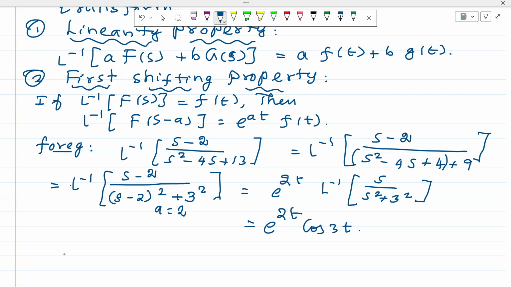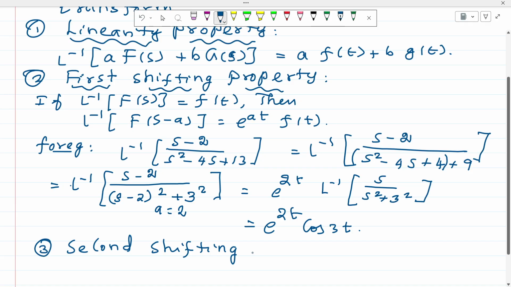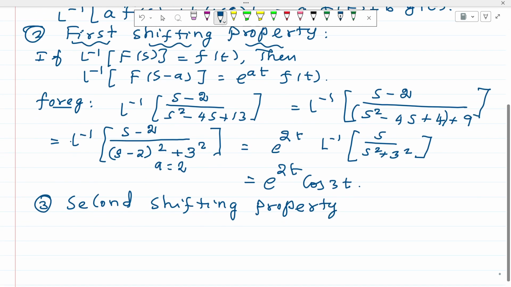Fine. Similarly, the third property is the second shifting property. Just now I have written the second shifting property of Laplace transform.